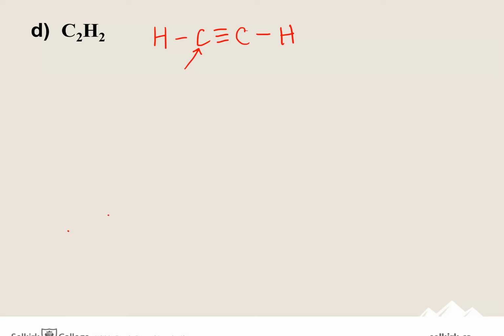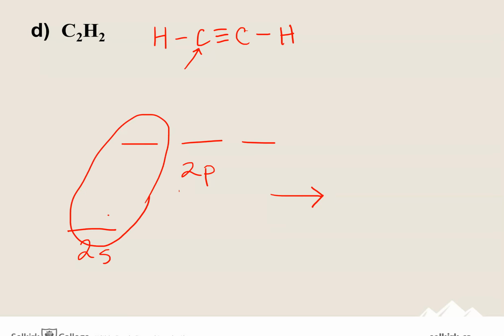So, again, I'm going to start with the unhybridized orbitals from an isolated atom, and then we're going to blend them. Now, I want 2 electron pair domains. I want 2 equivalent orbitals, so I'm going to blend 2 unhybridized orbitals. And when I blend 2 orbitals, I get 2 orbitals.